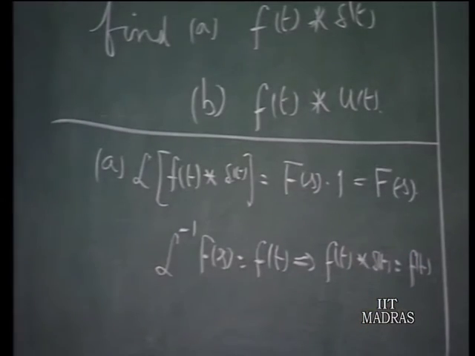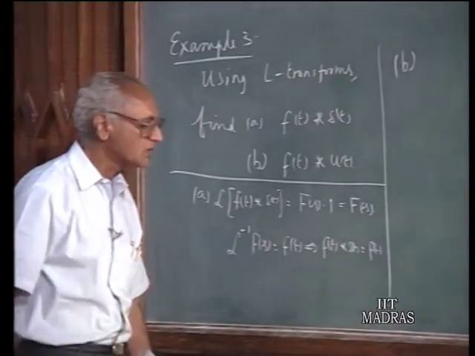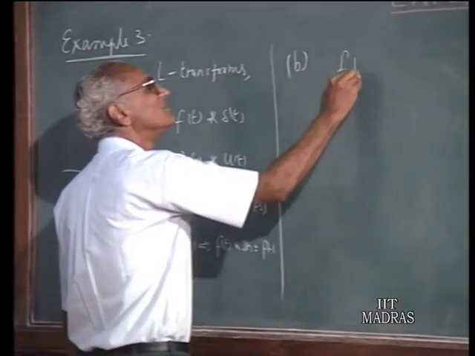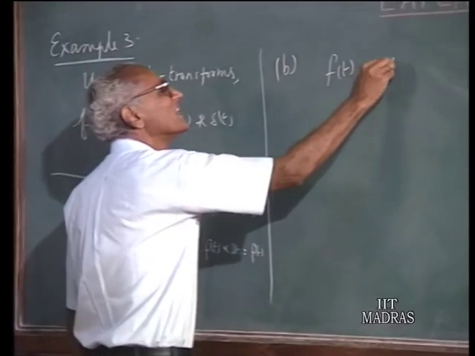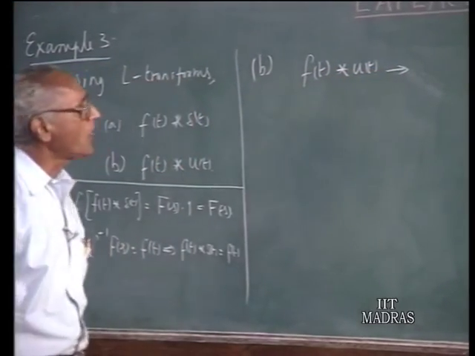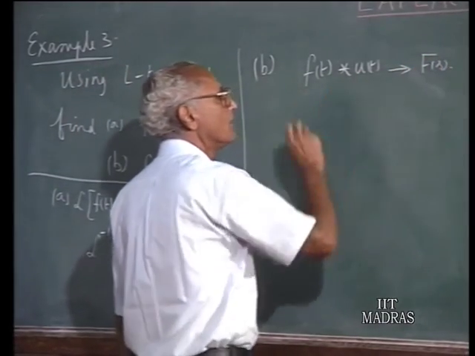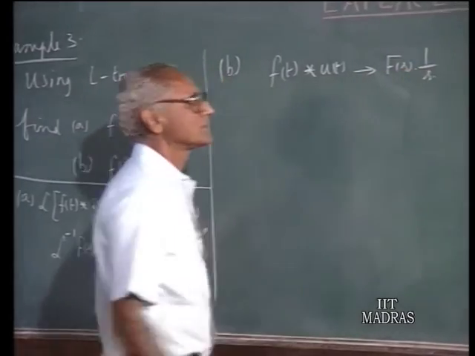That is what we already know. Second question, f of t convolved with u of t has for its Laplace transform f of s multiplied by 1 by s.